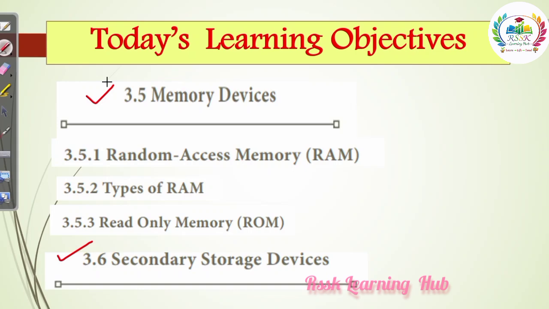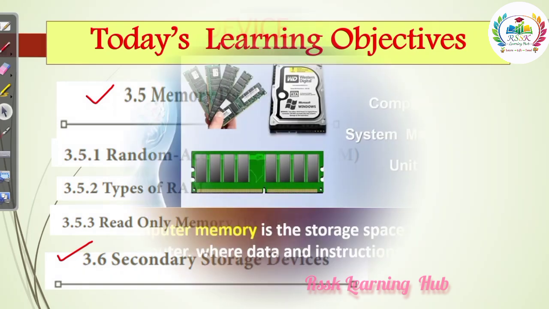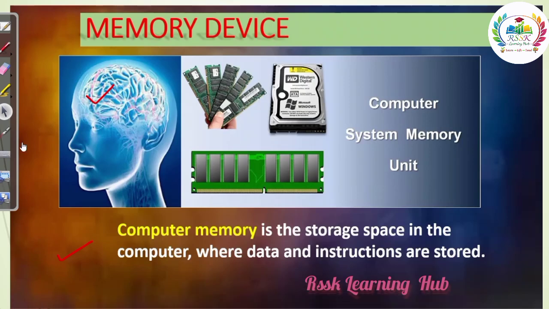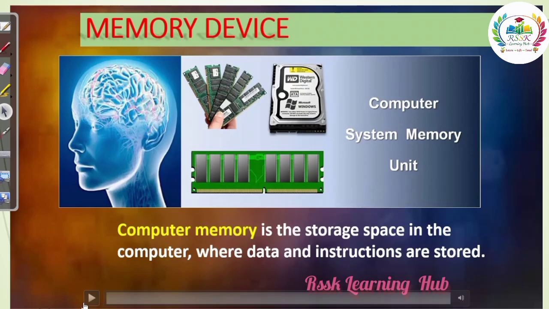Next, we are going to learn about ports and interfaces. Up to this, you will complete chapter 3, that is computer organization. So now we will learn about your memory device, what the use of a memory device is and how the memory device is used in your computer organization.